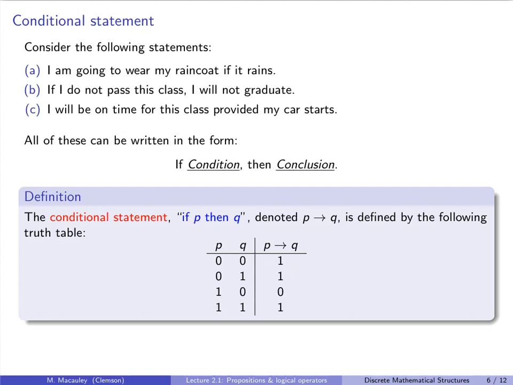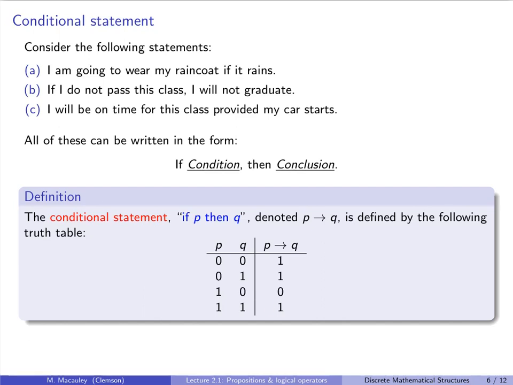Why should that be true? More on this shortly. Not surprisingly, if P is true and Q is false, then P certainly does not imply Q. So P implies Q is 0. And finally, if P is true and Q is true, then P implies Q. So this entry is 1.